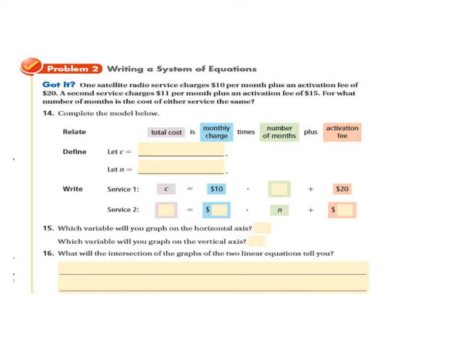So what we're doing is we're relating the total cost. It always stands for equal in math, the monthly charge times the number of months plus the activation fee. So we let C be our total cost, and we're letting N be our number of months.